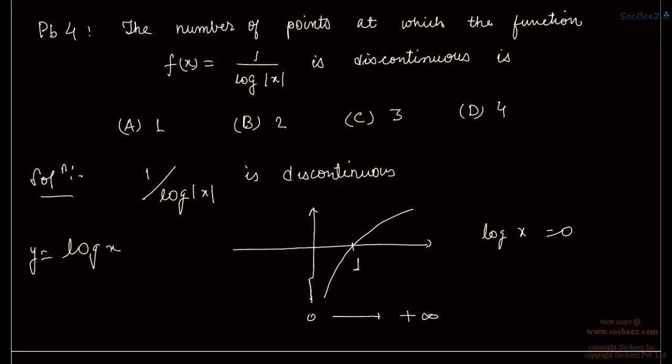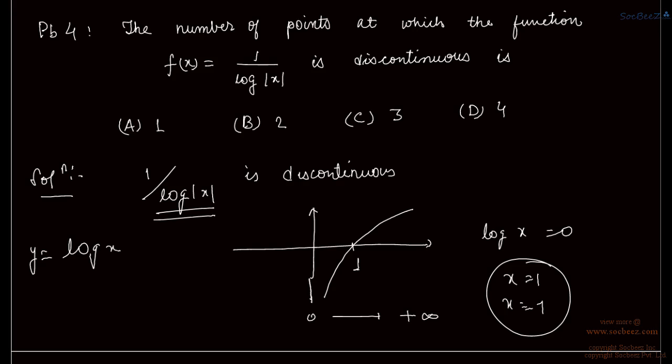As well as, since this is mod x here in place of x, at x is equal to 1 as well as at x is equal to minus 1, the function is discontinuous. Okay, and at x is equal to 0, log mod x is infinity. So we have 1 upon log mod x is 0 at x is equal to 0, right?